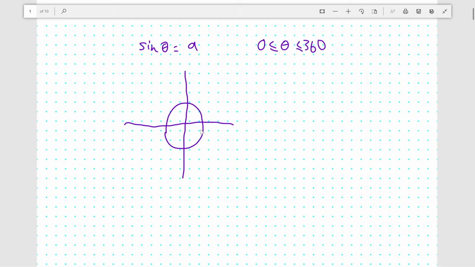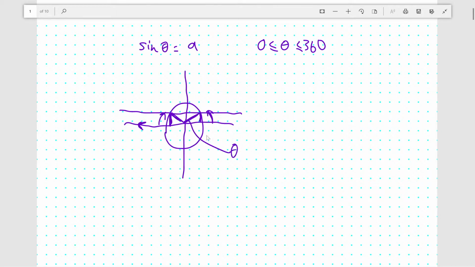And basically, what you do for something like this, your calculator would give you the value here, where you have this triangle, and this is how a would be. And then you should just draw a line here, and you can realize that there's another triangle over here, which is theta degrees from the 180 line. It's theta degrees away, just like this is theta degrees away from 0.